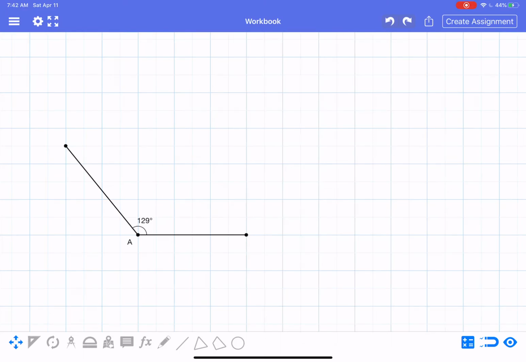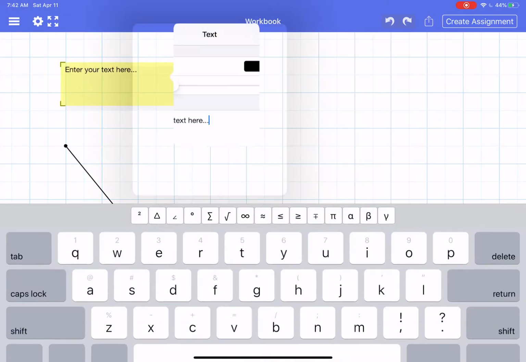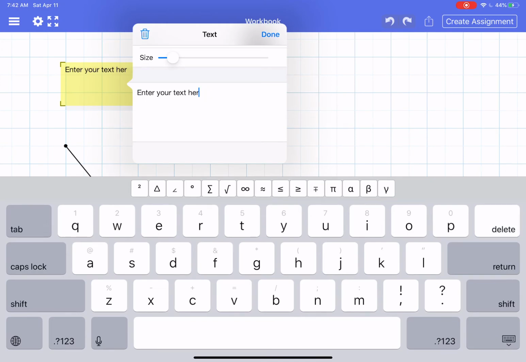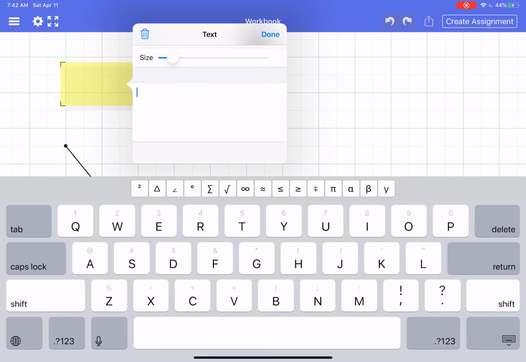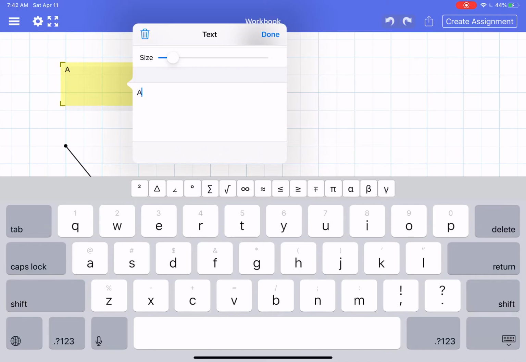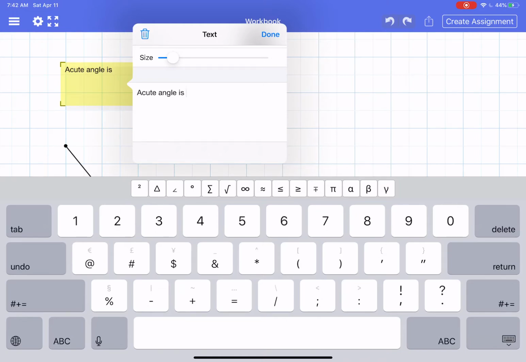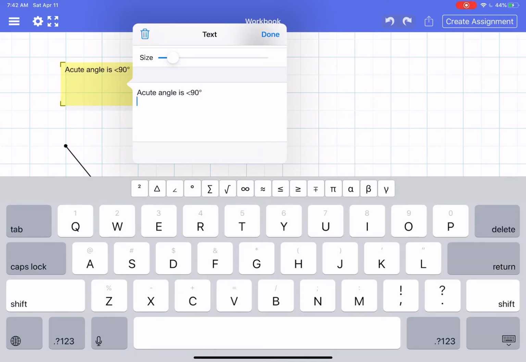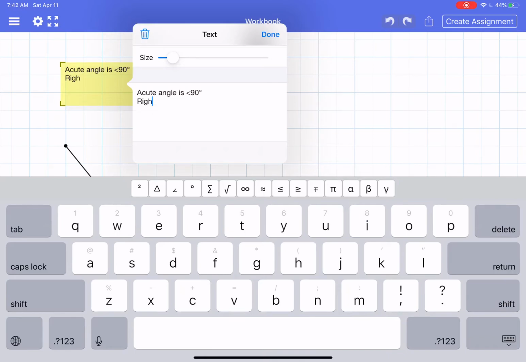Now I'm going to create a note. And I'm going to write here, just to review what we just said. So acute angle is, and I'm going to use a math symbol. I'm going to say it's less than 90 degrees, right? A right angle, well, we'll do a right angle, it's fine.